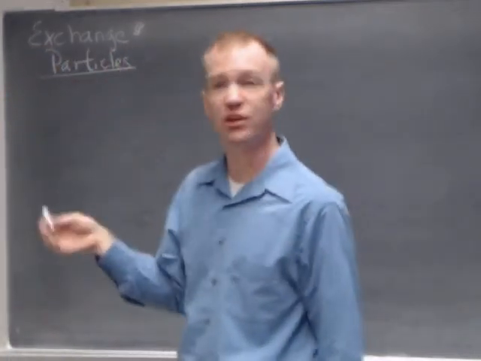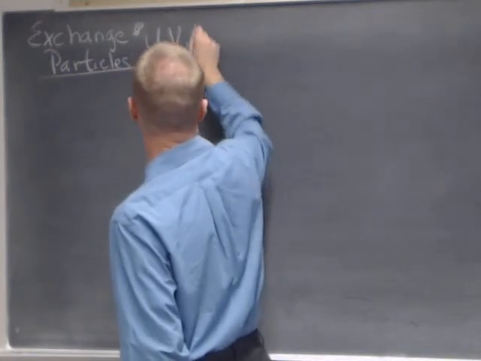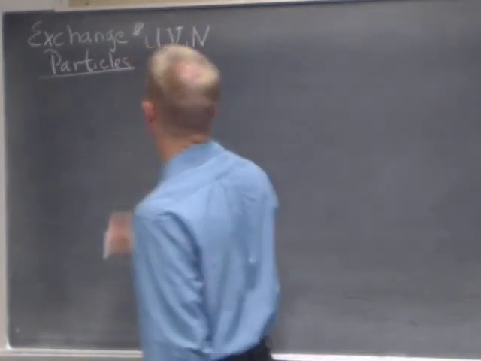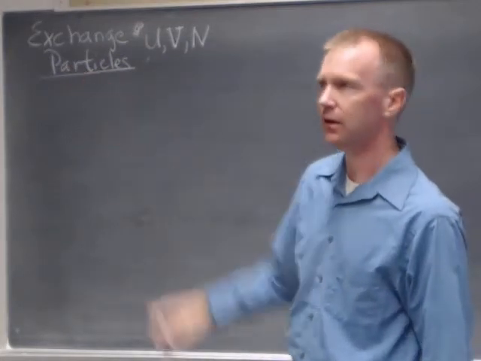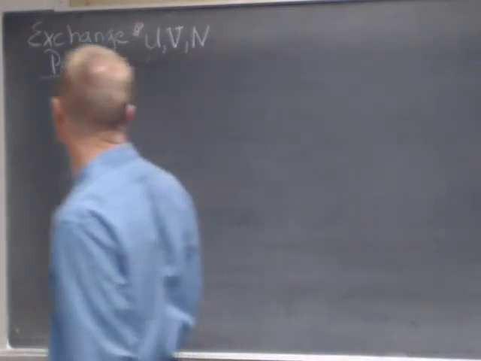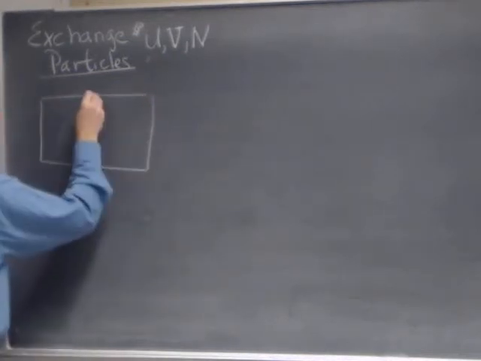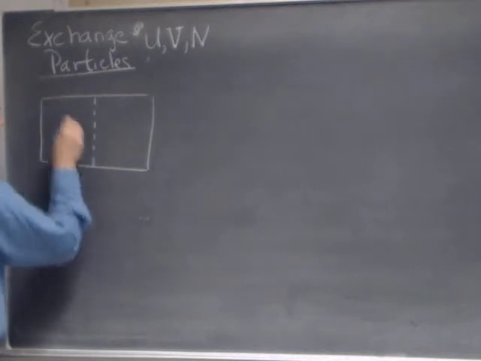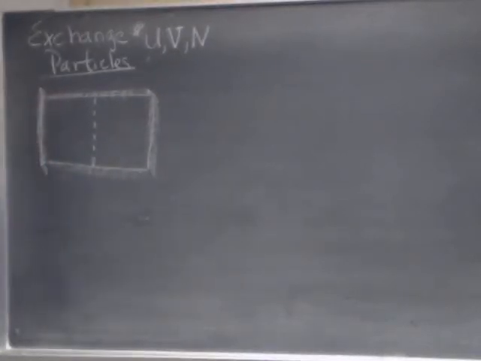Exchanging particles means exchanging number. So now we've got U, V, and N. We're still including U and V as things that we can exchange here. So the total number is still conserved. It can't be exchanged with the outside world, but it can be exchanged between A and B.